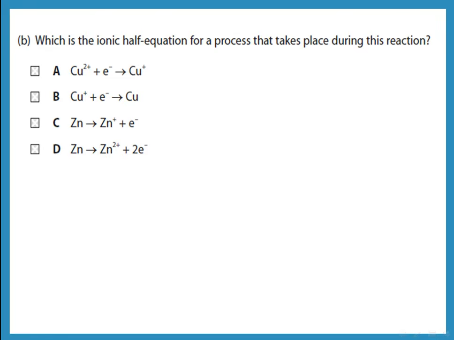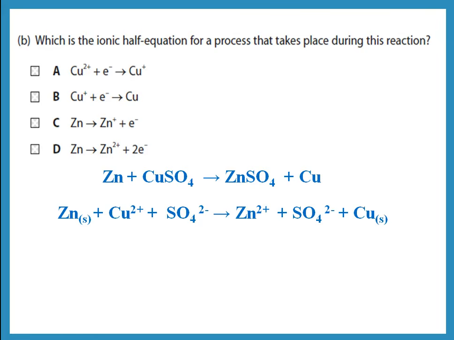Now, this next question is asking about the ionic half equation for a process that takes place during this reaction. So during the reaction of zinc plus copper sulfate to zinc sulfate plus copper, which of these options can be one of the ionic half equations? Remember, how do we write ionic half equations? Just to revise, if I have a symbol equation, it is balanced. Now, if I want to write the ionic equation, we said we will ionize whatever is aqueous.